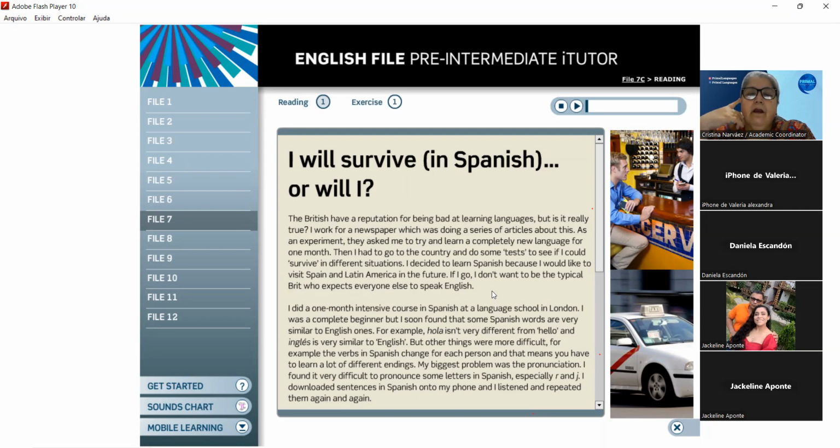Then I had to go to the country and do some tests to see if I could survive in different situations. I decided to learn Spanish because I would like to visit Spain and Latin America in the future. If I go, I don't want to be the typical Brit who expects everyone else to speak in English.